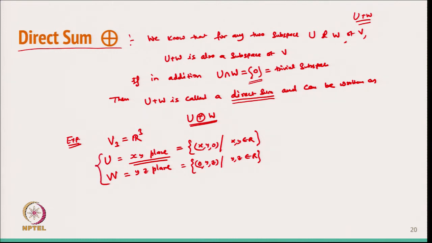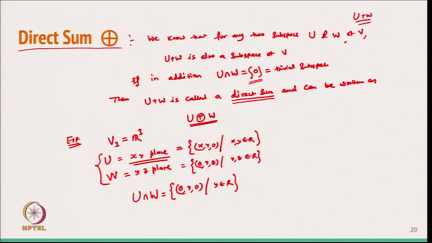Now, in this case you can see that if I discuss U intersection W, then I have the xy plane and then we have the yz plane. Whenever the yz plane and xy plane cut together, we have only the y axis, because we get a line and that line is the y axis only.